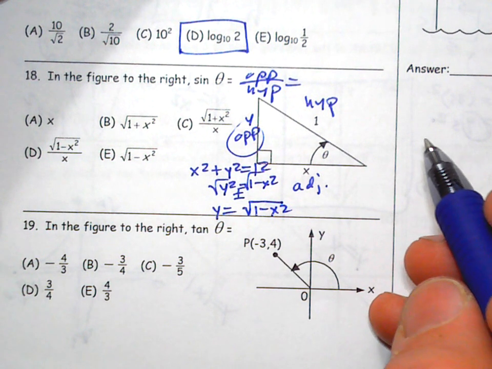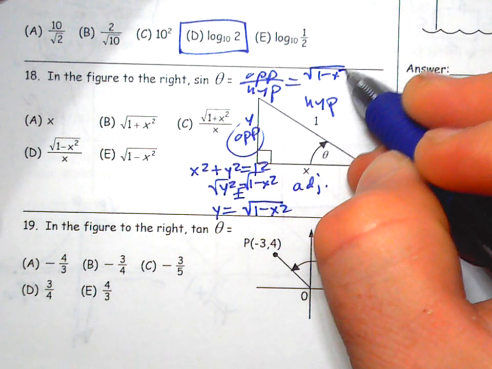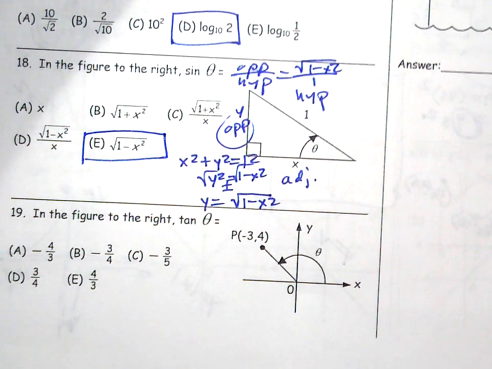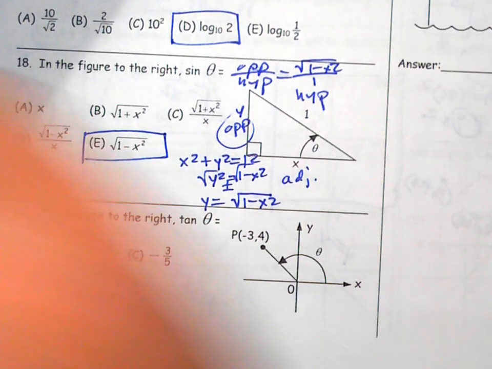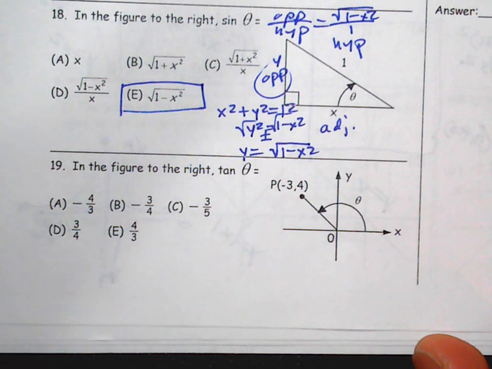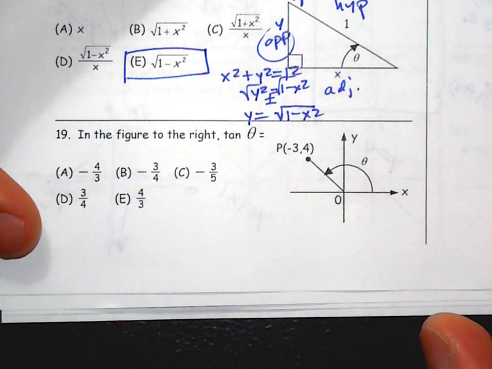So that's the y value, and that's the opposite side. So it's the square root of 1 minus x squared over the hypotenuse. So we got some basic trig. This was probably where SOHCAHTOA was first introduced to you. Pythagorean theorem, algebra 1.